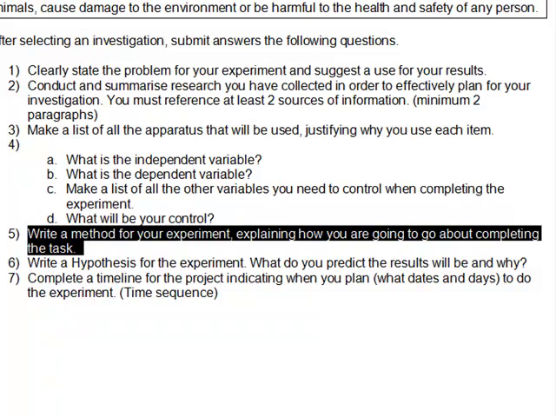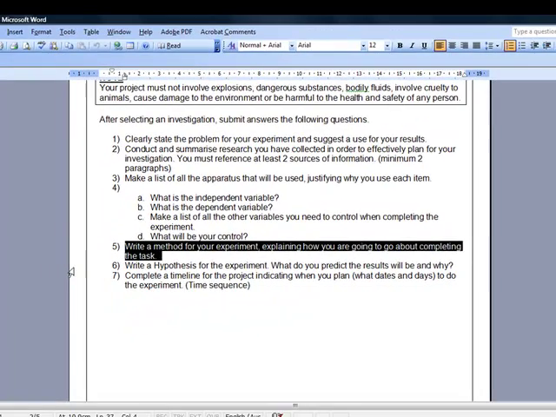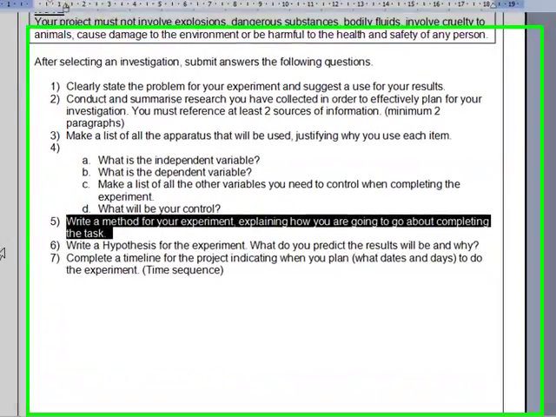And just imagine, after you've finished, if you read it and you don't feel that someone could copy it exactly, then you need to add more information. In fact, a tip here might be to read one of your classmates' methods. And if you don't understand what they're saying, then you might give them some advice or ask them some questions, and then they might be able to improve it, and then they might read yours also.